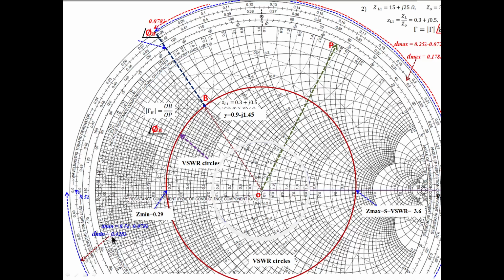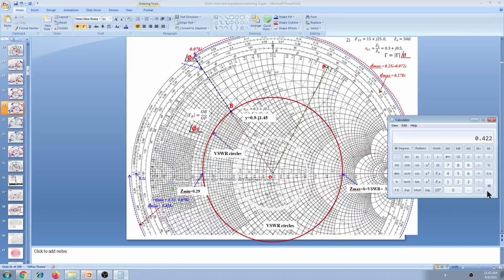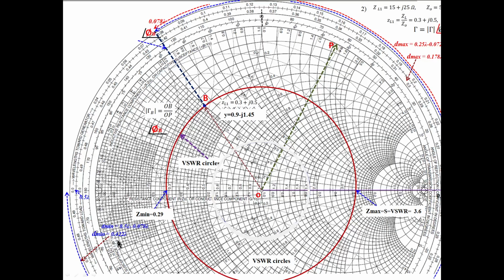We will be getting the value here, 0.5 minus 0.078, we will be getting 0.422. So the distance is 0.422 lambda from here, go on like this and measure here. The total distance is 0.422 lambda.